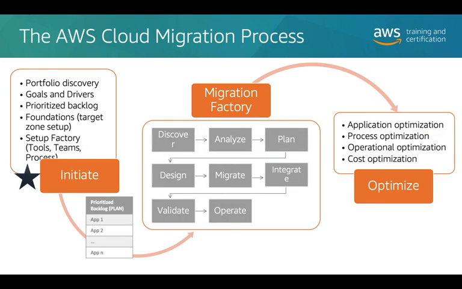And we talk about the cloud migration factory, the actual migration process itself: discovery, analysis, planning, designing, the actual migration and integration, and then validation and handing over to the new operational type. That's a 2-day course that is available as instructor-led training.